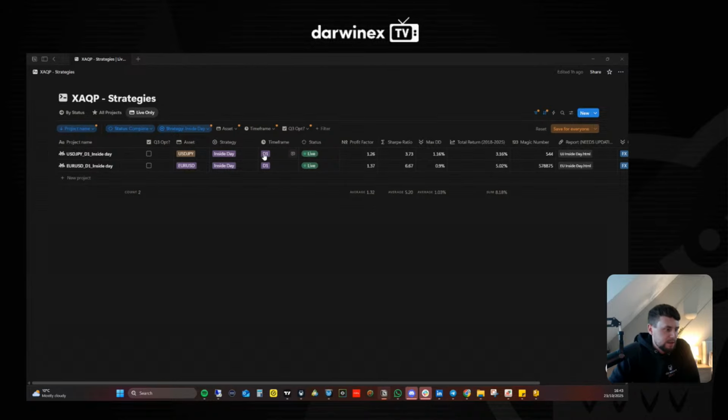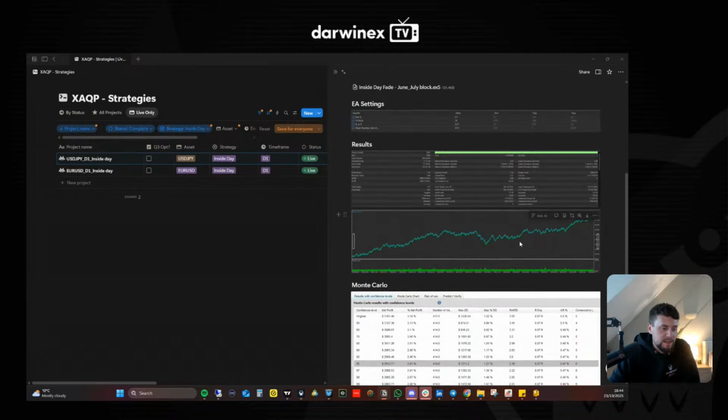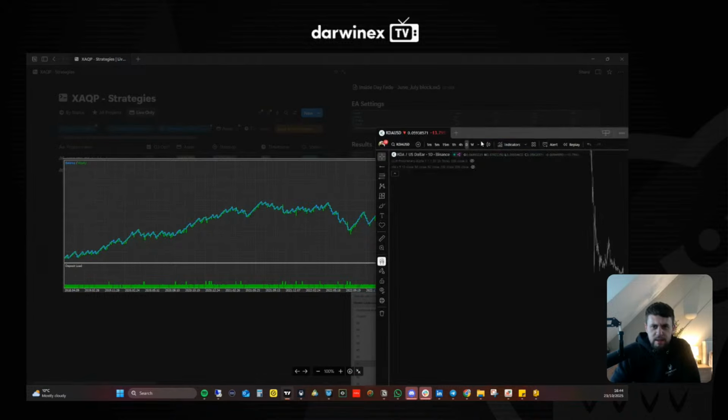Dollar yen's taken a couple of new trades since I last ran this test, so I need to update these metrics. They are looking better as well, which is great. However, this curve didn't account for a spread filter. It didn't account for my slippage filter, and it also didn't account for deleting pending orders at the end of the day. So basically, if there was an inside day, which I think I did explain yesterday.